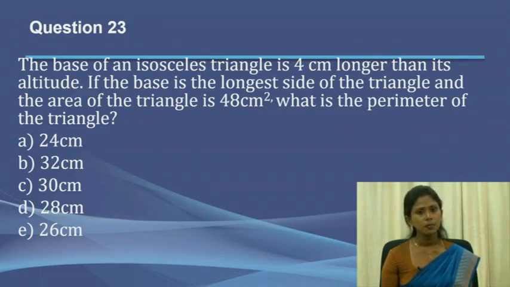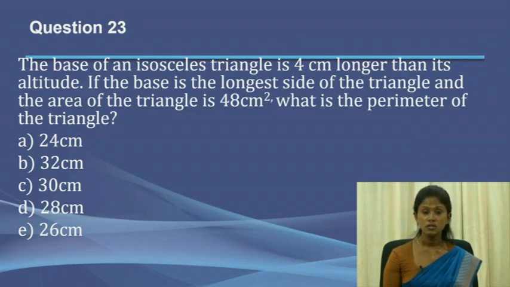In this type of question, you should have an idea of what an isosceles triangle is. An isosceles triangle is a triangle with two equal sides. The base is the longest side and it is longer than the altitude. If we take the altitude as h, then the base will be h plus 4. We will move on to the steps.